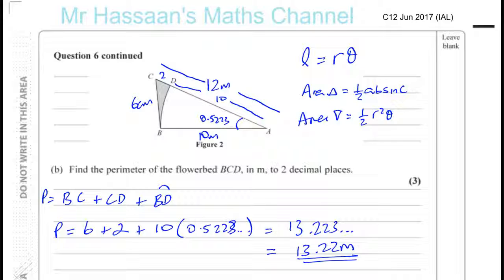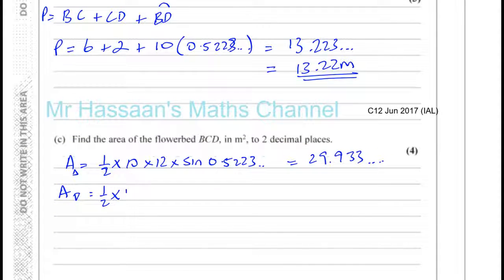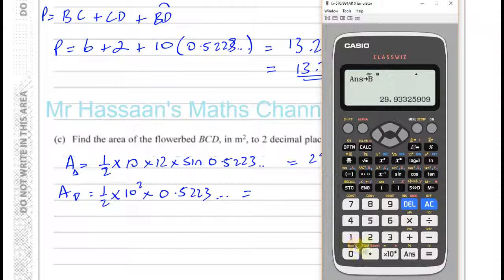So a half times 10 squared times the angle, which is 0.5223, as we had it stored. So that's 100 divided by 2, which is 50. 50 times 0.5223, stored under A, gives me 26.1157.